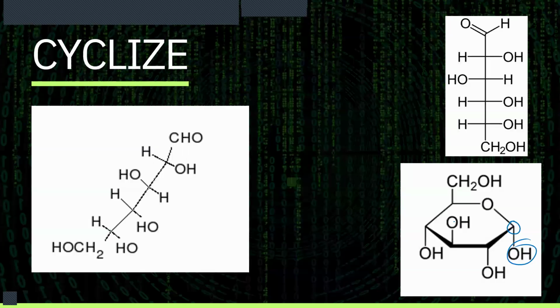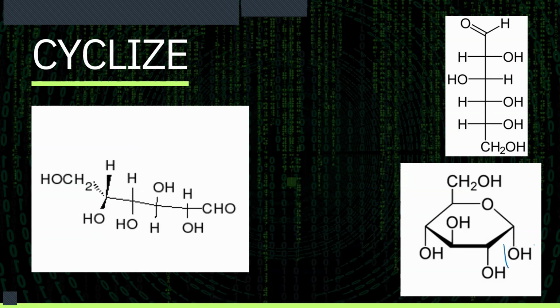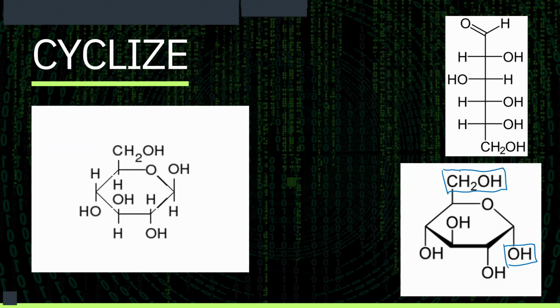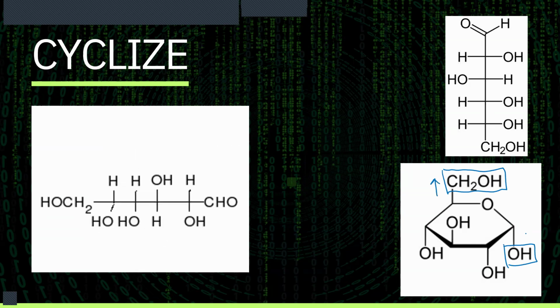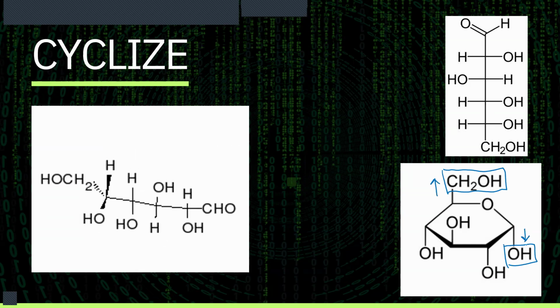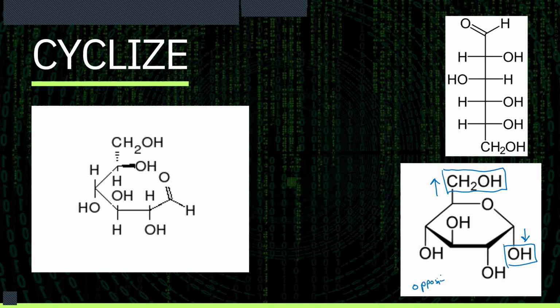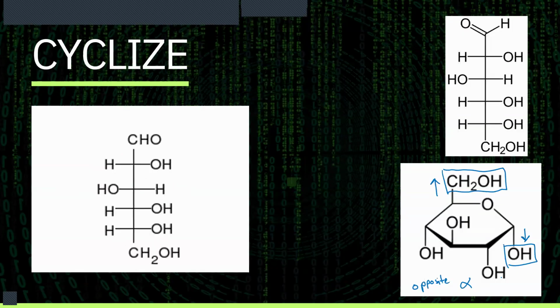What it means is we want to look at where this hydroxyl group is positioned relative to this group right here, CH2OH, carbon number 6, which is pointing upward. The hydroxyl group on our anomeric carbon is pointing downward. They are going in opposite directions. By those going in opposite directions, the specific sugar that we are looking at is an alpha sugar.